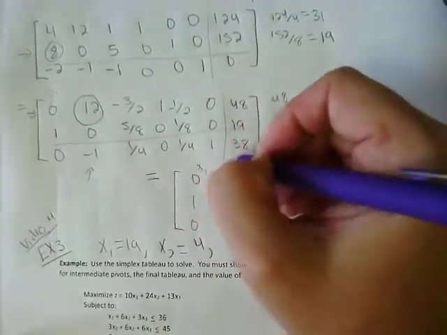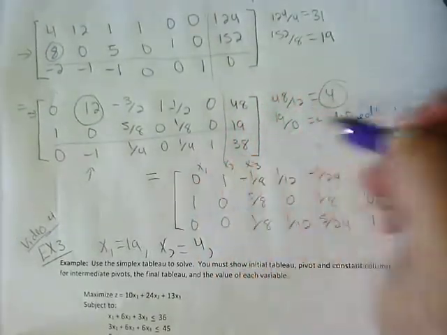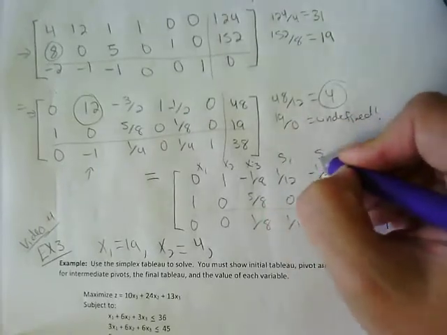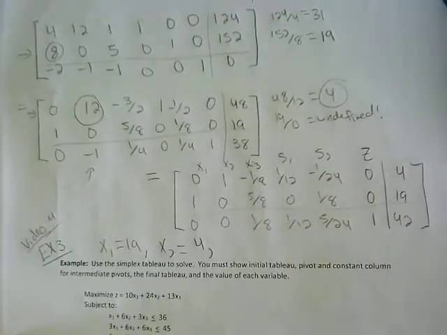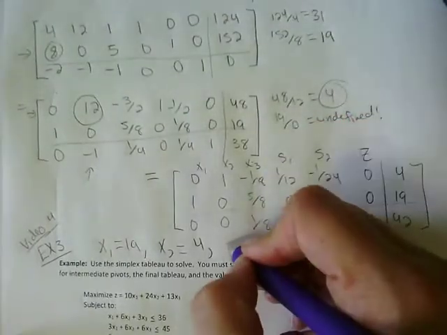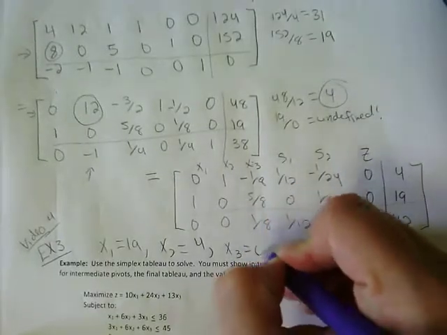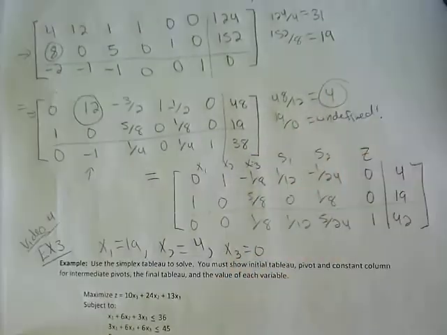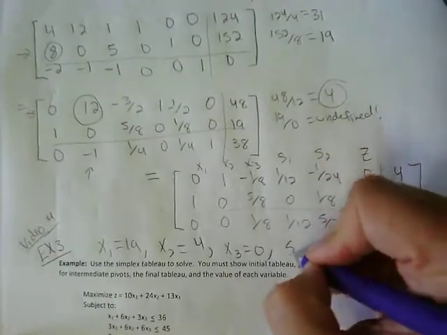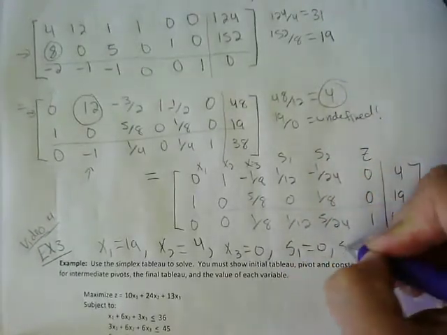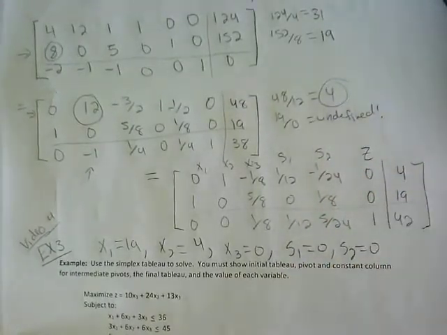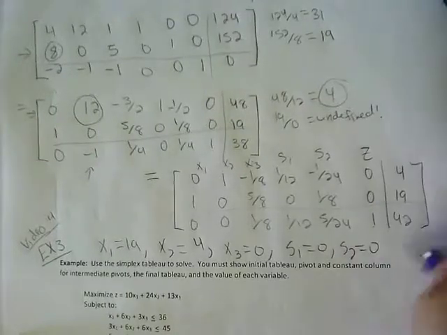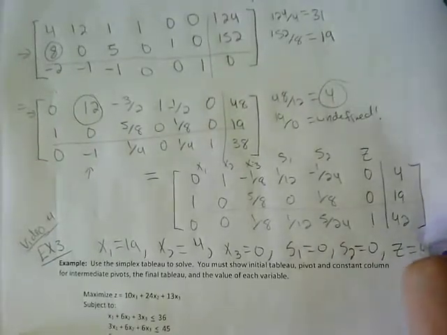Remember, I had x1, x2, x3, s1, s2, and z, if I wanted to label those out. So x3 is going to equal 0 because this is all non-zero elements, right? S1 is going to equal 0, S2 is going to equal 0, and finally, Z is going to equal 42.